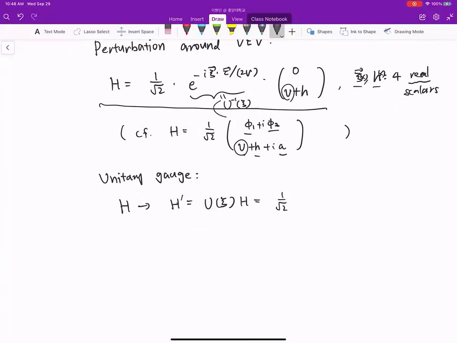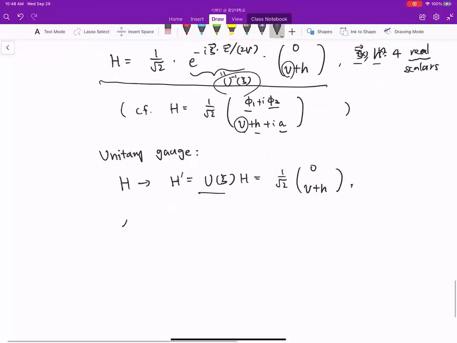Then we have a U inverse in front of it, and that U inverse is cancelled by this U. So you are left with a simple form for the Higgs doublet.